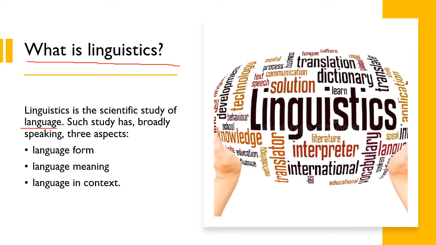It focuses on the language form, like morphology, language meaning like semantics, and language in context just like pragmatics. So there are different branches of linguistics, and each branch talks particularly about a specific field and specific factors or aspects of language.